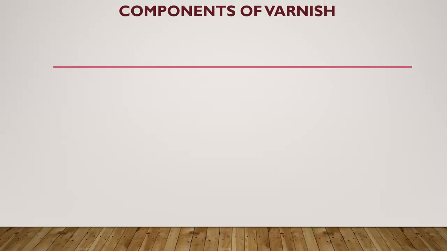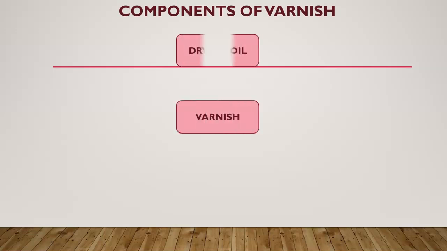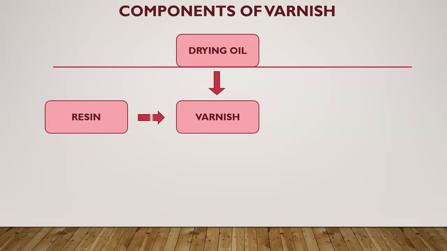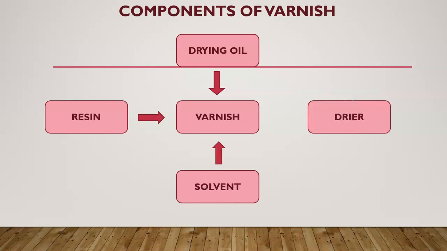It is a compounded material and it has drying oil, it has resin, it has a solvent, and it has a dryer. So varnish basically is a mixture of drying oil, resin, solvent, and dryer.